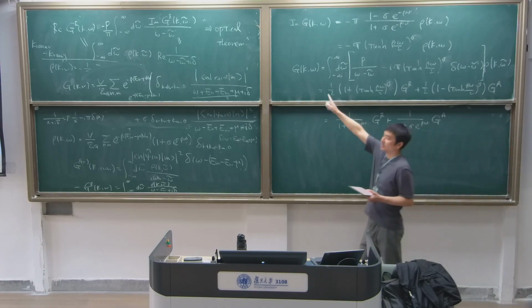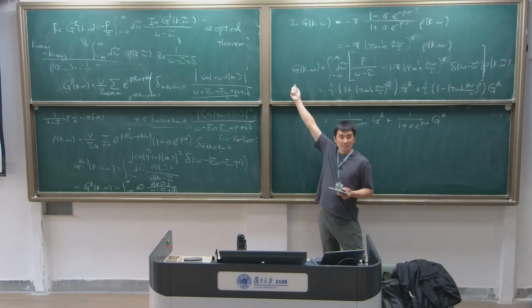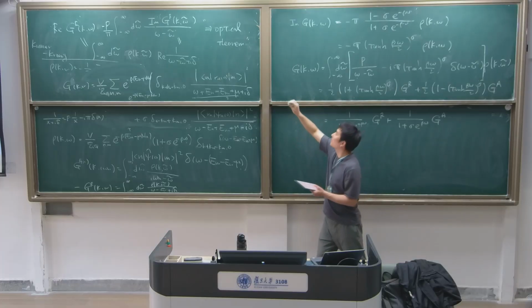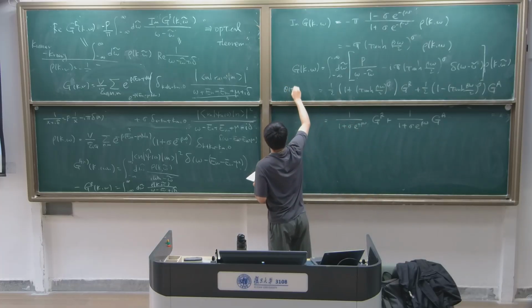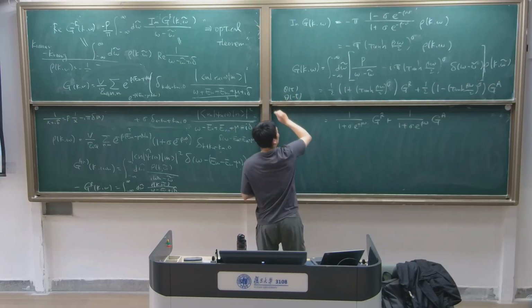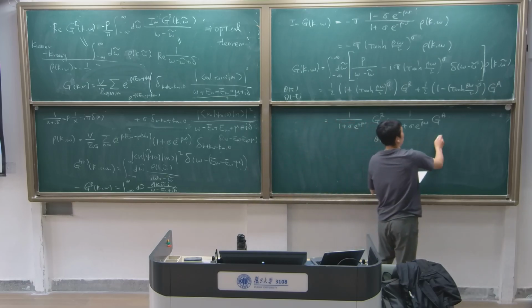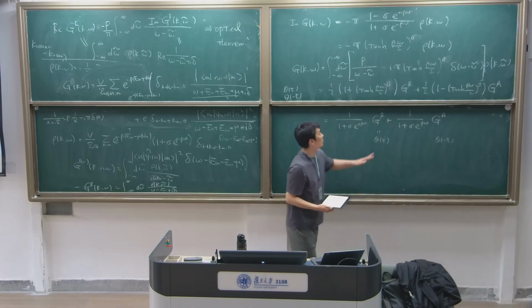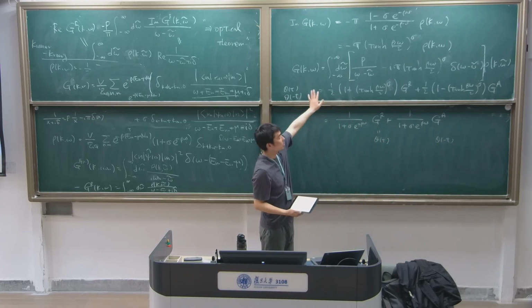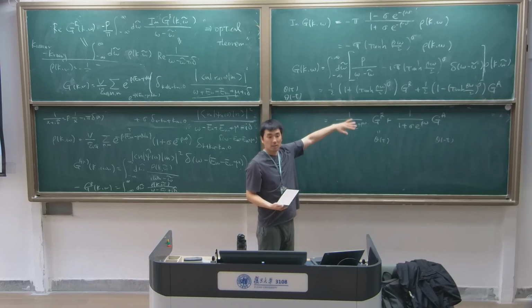The Green function is written in terms of theta of t essentially, and theta of minus t. Both combinations are there: here you have theta of t, and here you have theta of minus t. Somehow they are related. If you do the Fourier transform, they are related by this very nice expression.